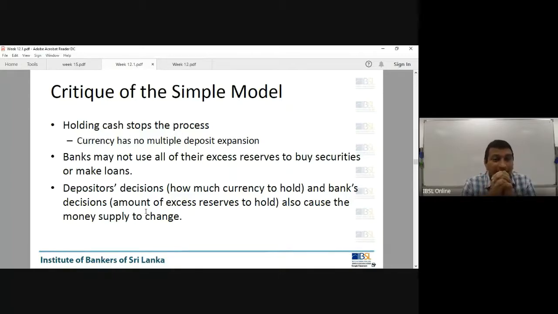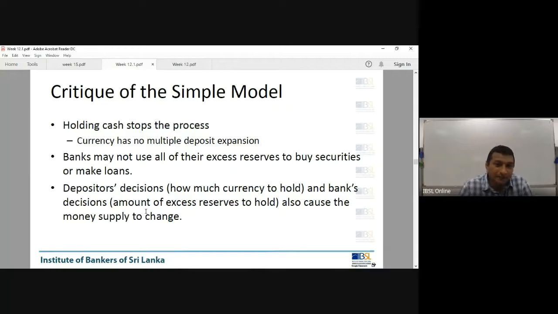So what you are basically seeing is currency has no multiple deposit expansion possibilities, but anybody who withdraws cash from his deposits stops the process. And if he takes the full amount, it stops at that stage itself.